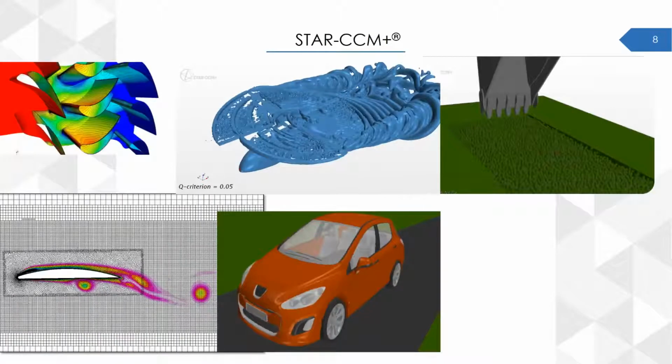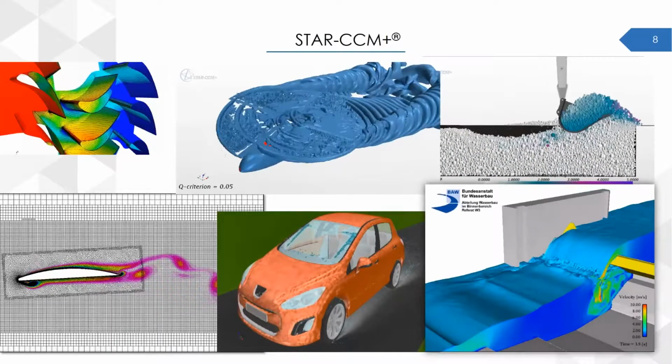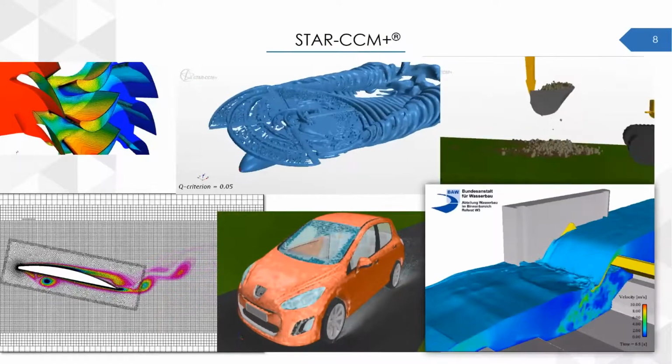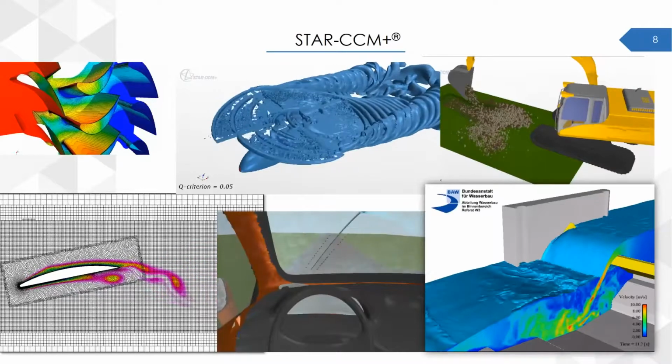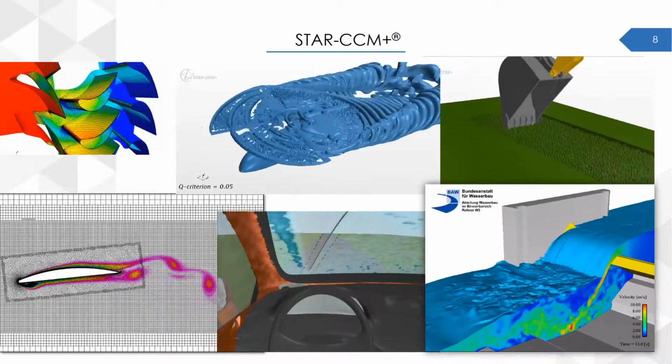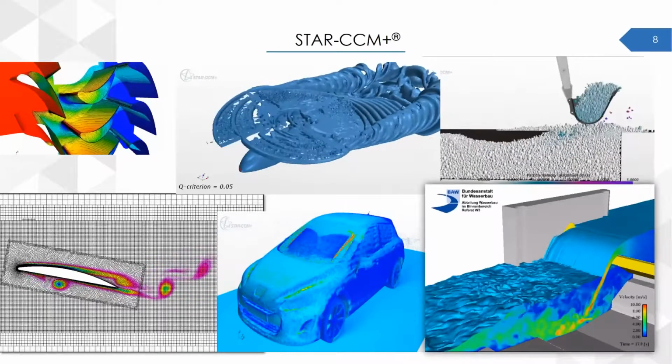And so let's talk a little bit about STAR-CCM+. And on this one, I tried to find as many cool animations as I could fit on one slide, so we weren't spending too much time on it, because most of the users we have online either know STAR or are at least familiar with it. But really, what makes it special is first of all, its productivity and just advanced usage.